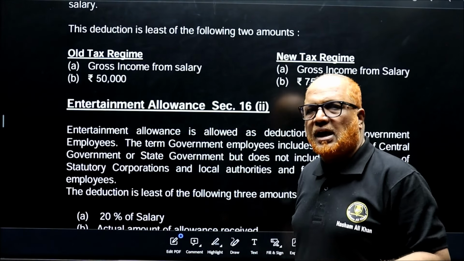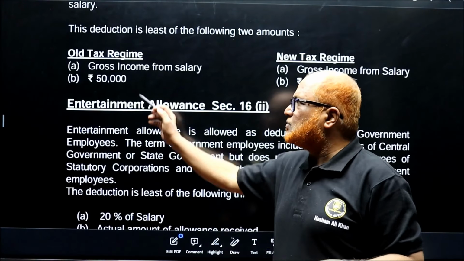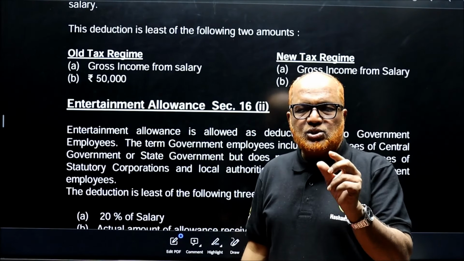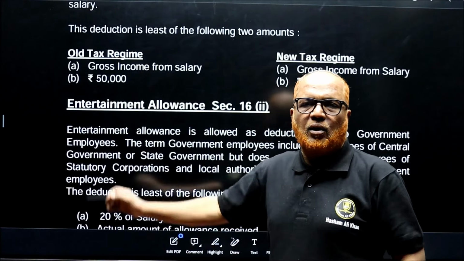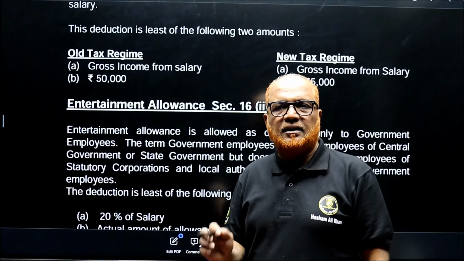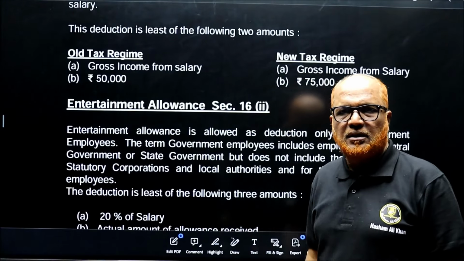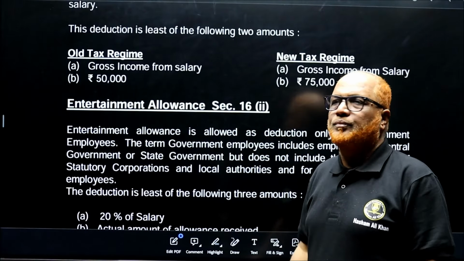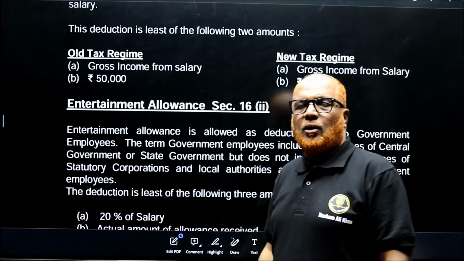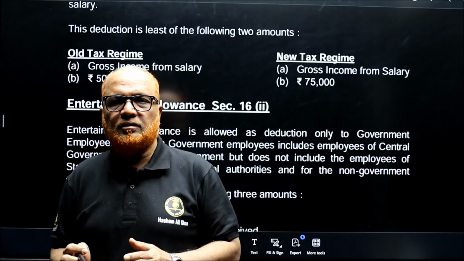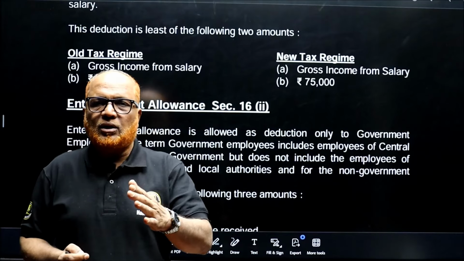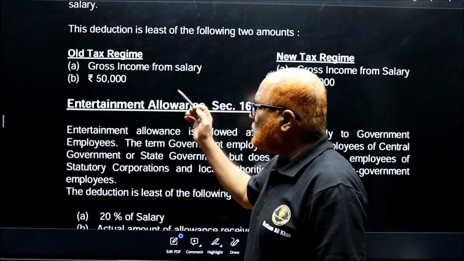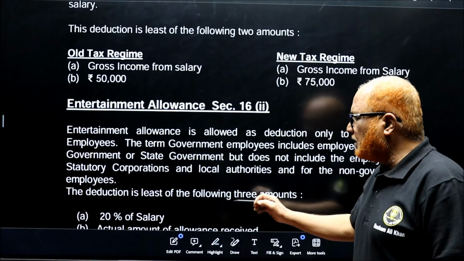Suppose the gross income from salary is 1 lakh, but the limit is 50,000. Whichever is less, 50,000 is less. So it is the least of the two, gross income from salary or 50,000. That is the standard deduction under section 16(1)(a). This is under the old scheme. Under the new default tax regime, it is gross income from salary or 75,000 rupees. The limit has been increased from 50,000 to 75,000 in the new tax regime. That's all about standard deduction.